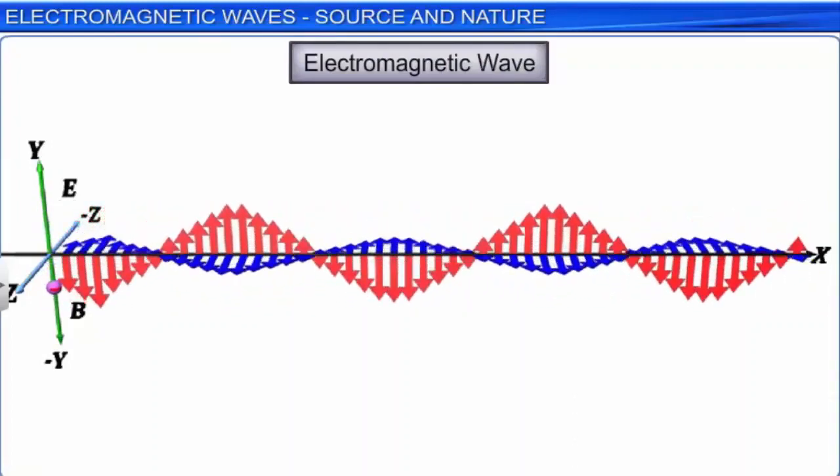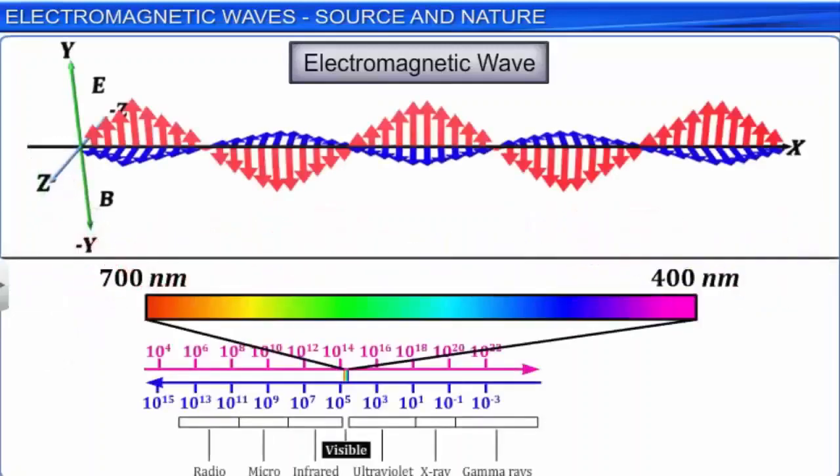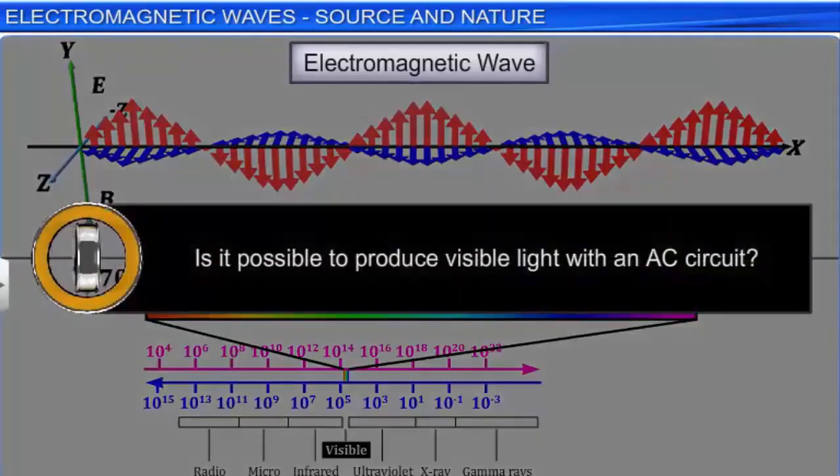We know that visible light is an electromagnetic wave with frequency in the order of 10^14 Hz. Is it possible to produce visible light with an AC circuit in which the current oscillates with a frequency equal to that of visible light?